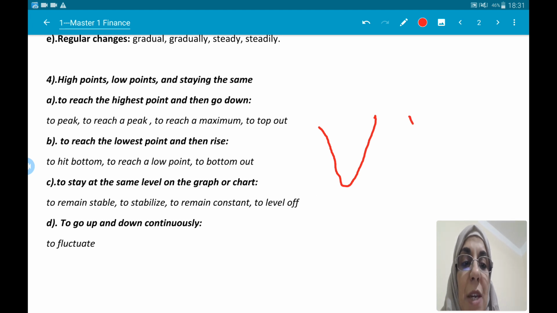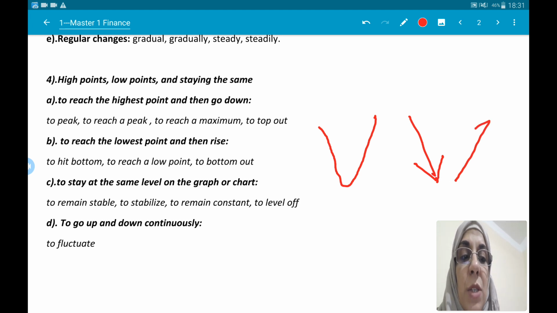Okay, which means if I've got to illustrate this via arrows, this is the way I should do it. To hit bottom, to reach a low point, to bottom out, which is the contradictory word to top out.